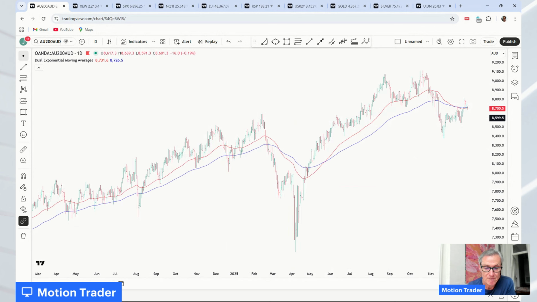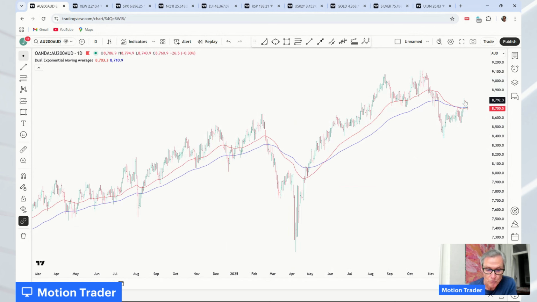But so far, that vulnerability hasn't resulted in a repeat of the selling that we saw during late October, early November. There was an attempt to sell the rally back to the moving averages a couple of weeks ago, but prices came off. There was no follow-through selling, and now prices are back above those moving averages.